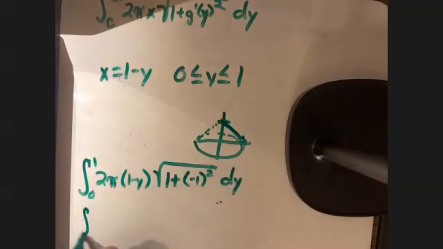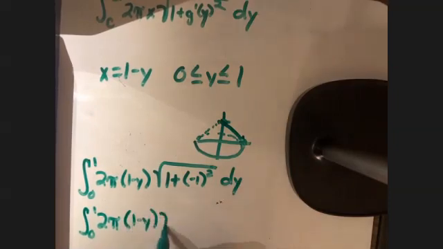So we've got the integral from 0 to 1 of 2 pi times 1 minus y times the square root of, now negative 1 squared is 1, so that's going to be 2. Now this is a constant, so all of this can come out. So I've got 2 square roots of 2 pi, the integral from 0 to 1 of 1 minus y dy.